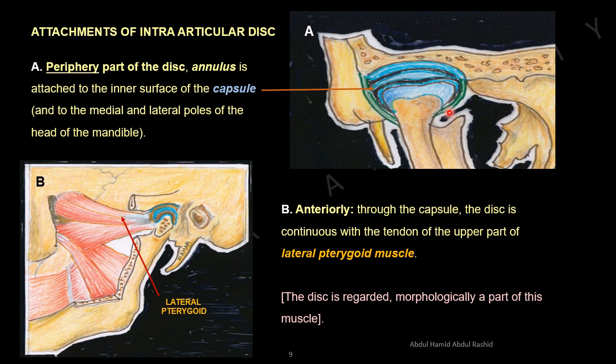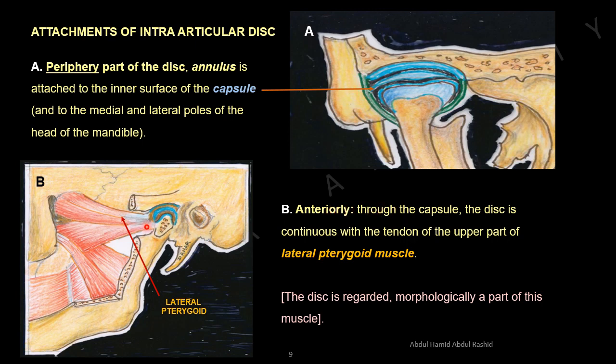In this diagram here, this is the capsule. The peripheral part, the annulus part, will be attached to the capsule here. The second diagram, B, shows the anterior attachments of the intra-articular disc.